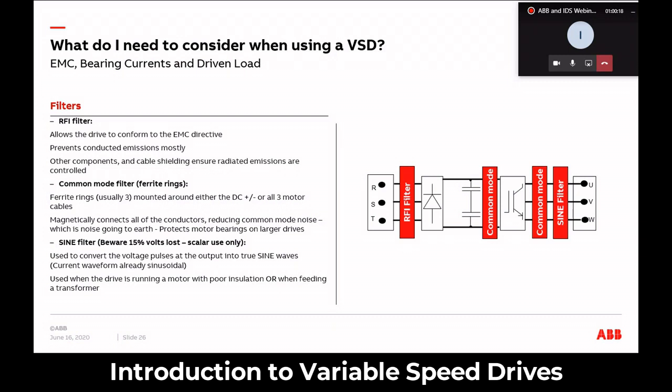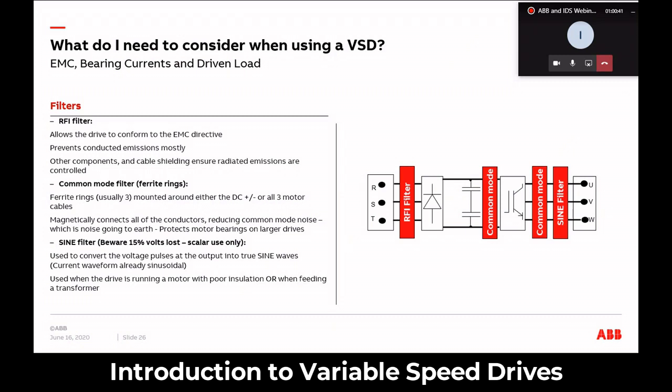What that does is magnetically connect all of the conductors, reducing common mode noise, so basically any noise that's going to earth, and as a result protects motor bearings on larger drive systems. Smaller drive systems very rarely tend to have this sort of common mode noise.